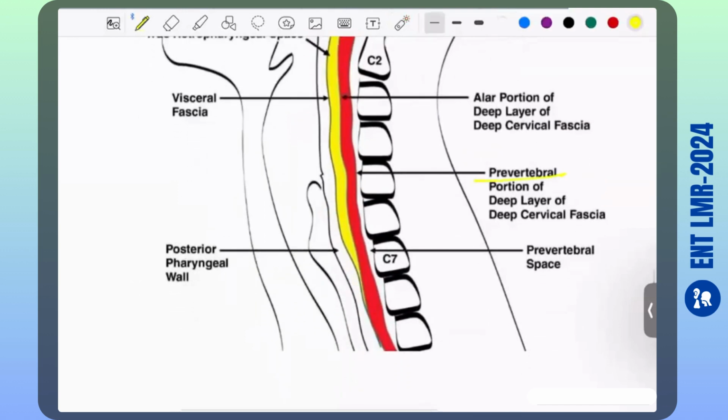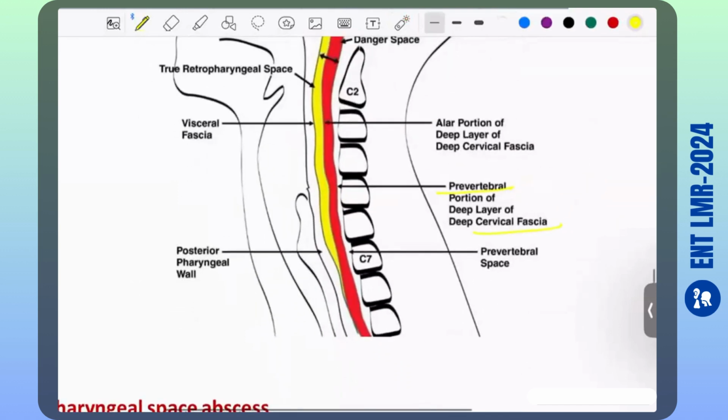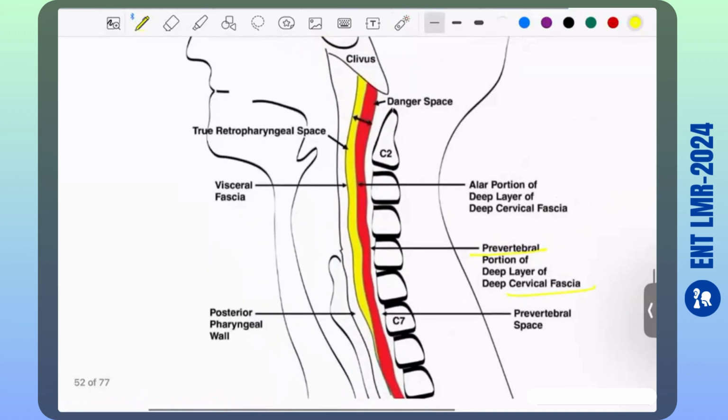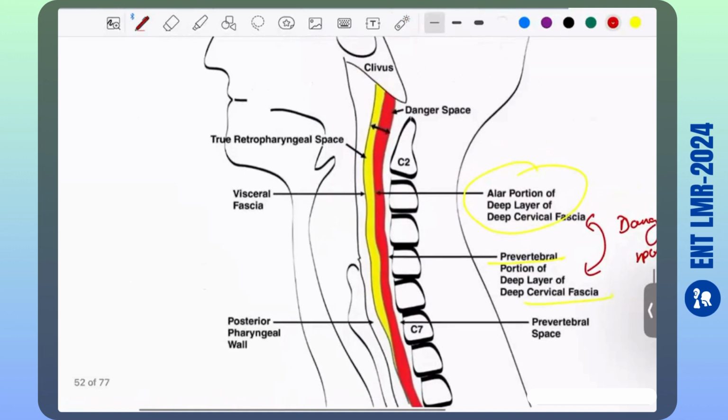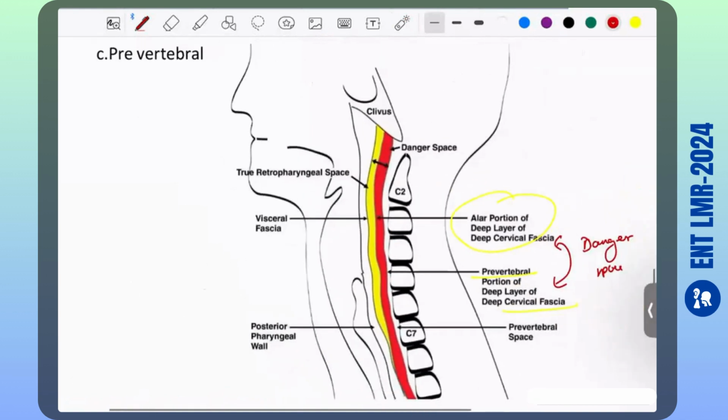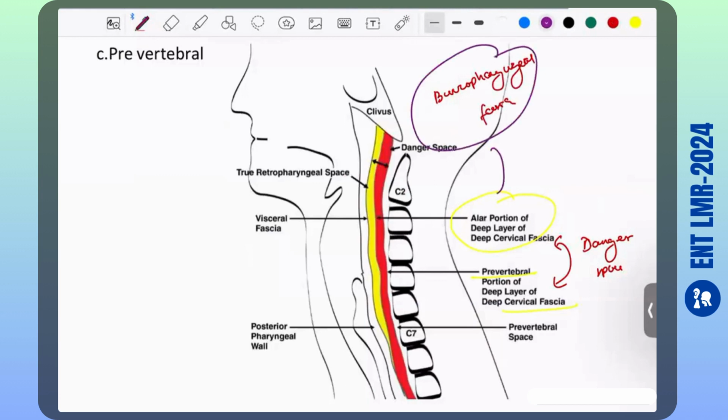Between the prevertebral fascia and the alar fascia, we have a space called the danger space. Between the alar fascia and the buccopharyngeal fascia, a very important part, we have a space called the retropharyngeal space.